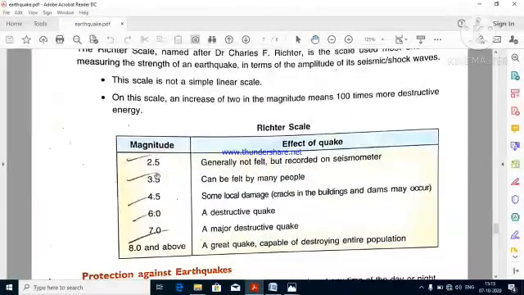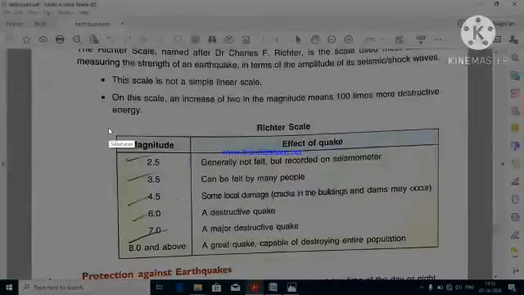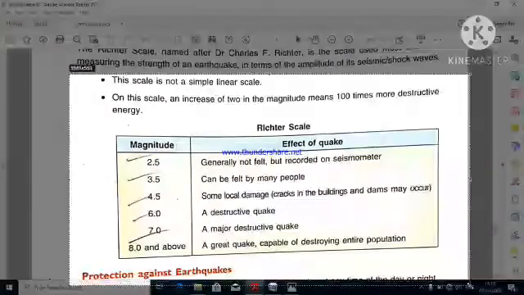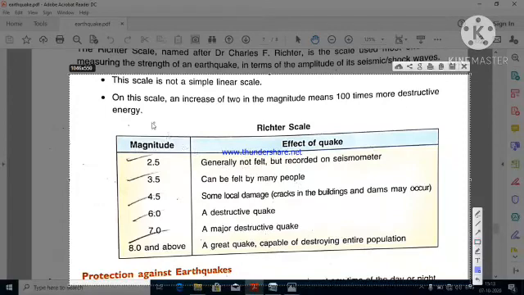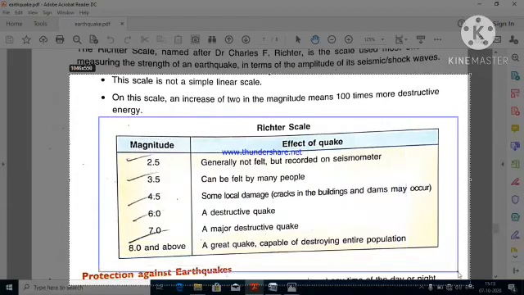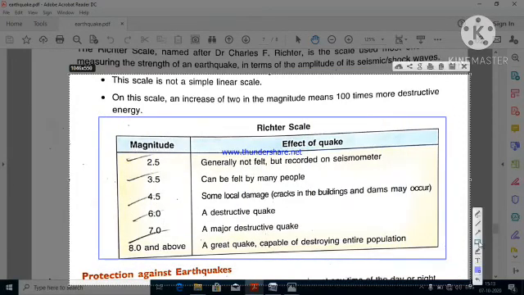In your book it is also given: magnitude 2.5, generally not felt but recorded in a seismometer. It is very important and you have to write it in your copy also.